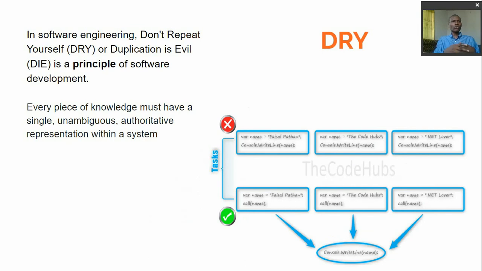All right, thank you. Moving to the next one, where we're considering DRY: Don't repeat yourself. In software development, this is a principle that applies as well. Definitely in a speech presentation, you don't just keep repeating yourself.